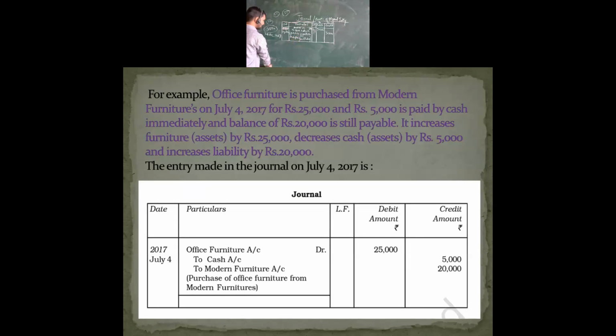Now we can make it over here, or else you can just go through that. Why? Because I may get disconnected due to insufficient time. If I get disconnected, just remember these points. See here, I will write over here 2017, 4th July. The transaction took place. What is the transaction? Office furniture account debit.